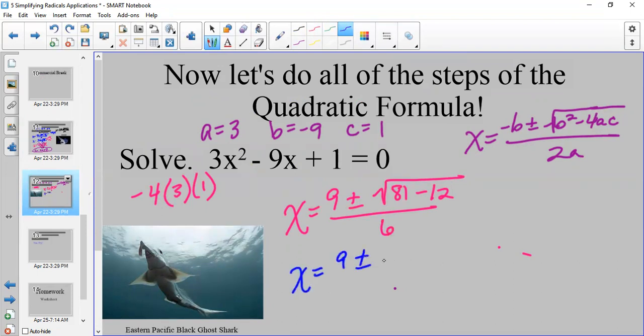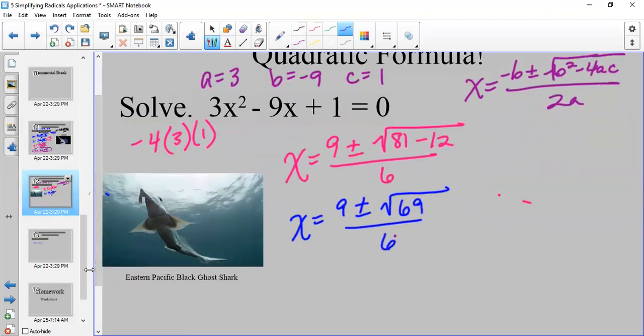Let's get inside the square root. 81 minus 12 gives us 69 all over 6. And we see if there's a perfect square I can divide that by. It's not divisible by 4.